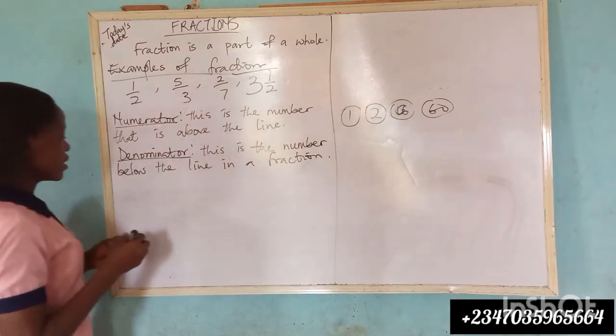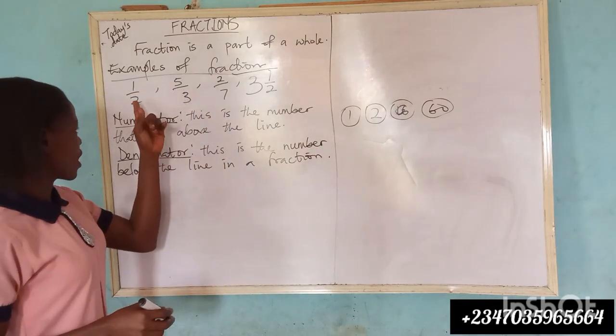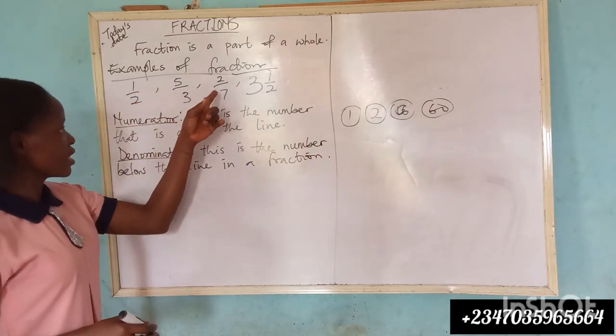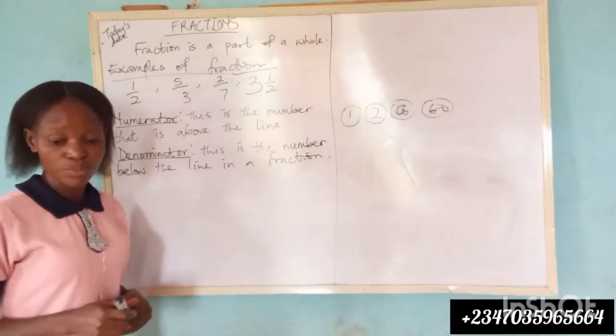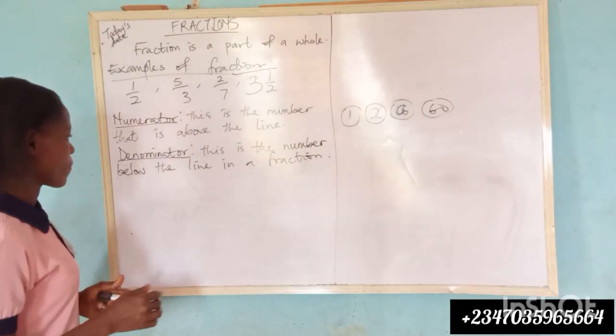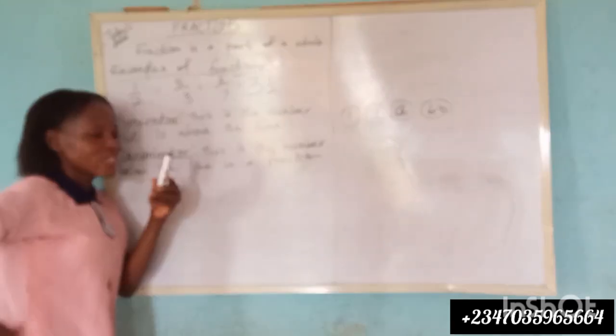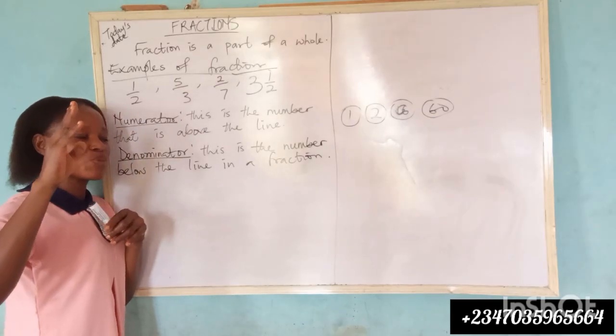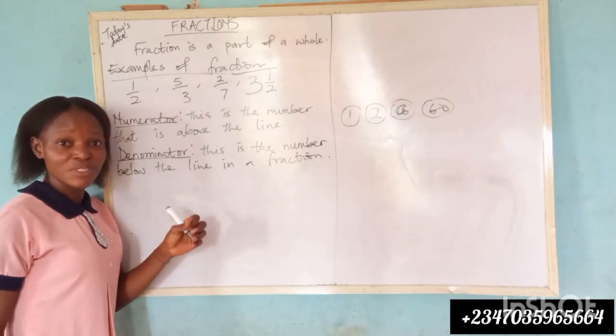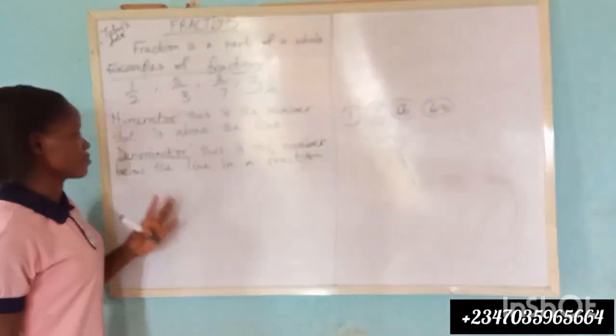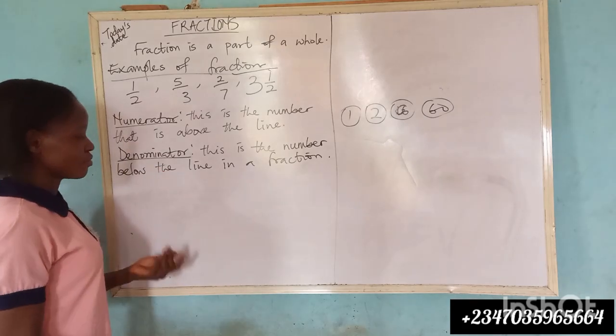In this case, our denominators are 2, 3, 7, and 2. Hope you are getting it. It's very simple like that. Know that the numbers up, we call them numerators, and the numbers down, we call them denominators. When you know that one, we are good to go.